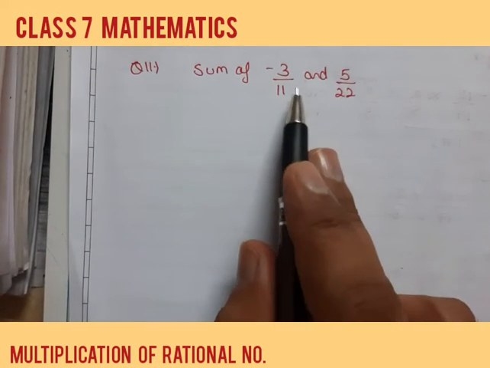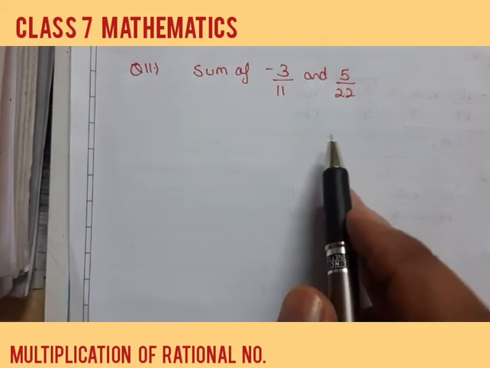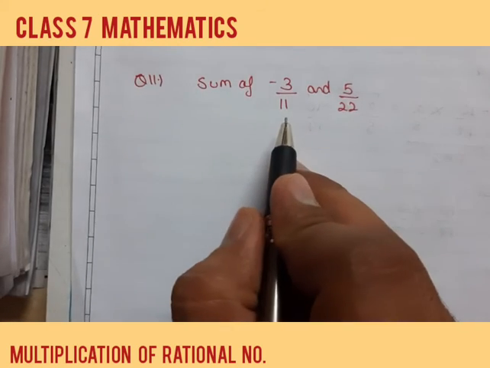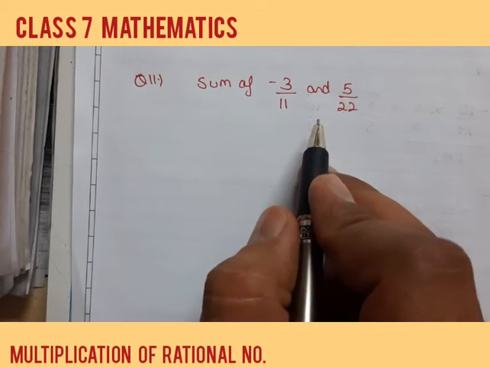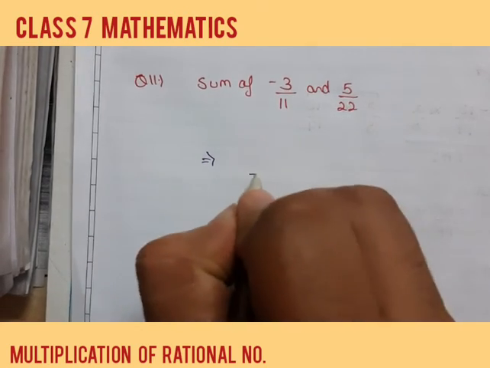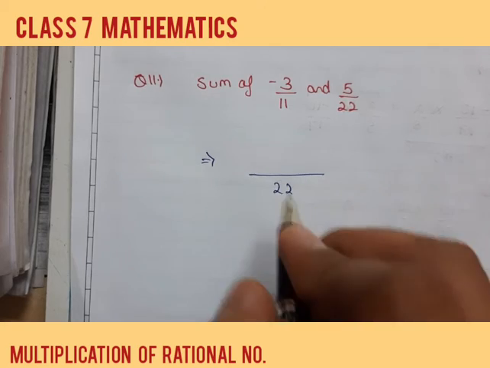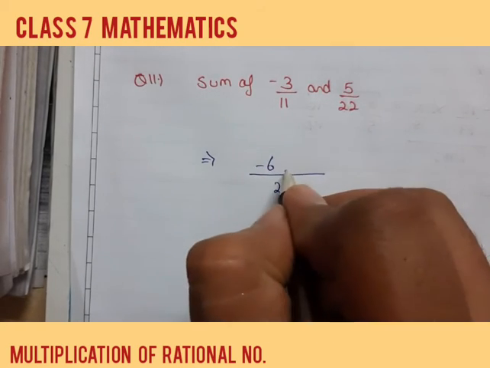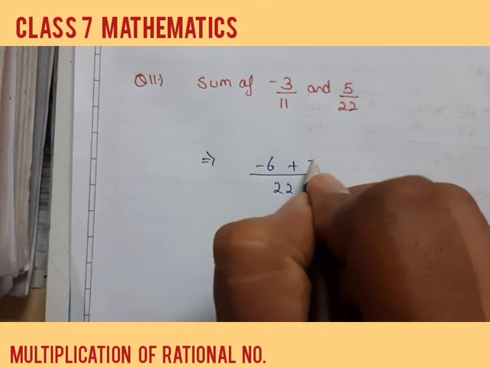Now the sum of minus 3 upon 11 and 5 upon 22. Since the denominators are different, take the LCM. The LCM of 11 and 22 will be 22. Write it down. Now 11 into 2 is 22, so 2 into 3 is minus 6, and 22 into 1 is 22, plus 5.